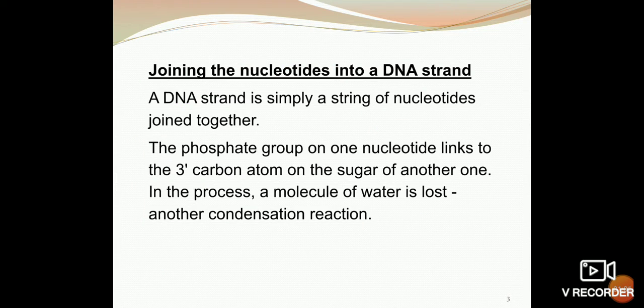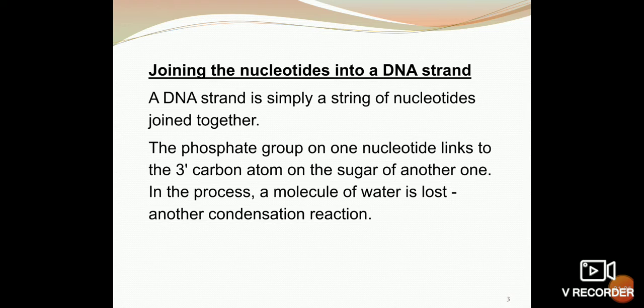Joining the nucleotides into a DNA strand. A DNA strand is simply a string of nucleotides joined together. So the smallest unit which forms a DNA is a nucleotide. The phosphate group on one nucleotide links to the 3' carbon atom on the sugar of another one.